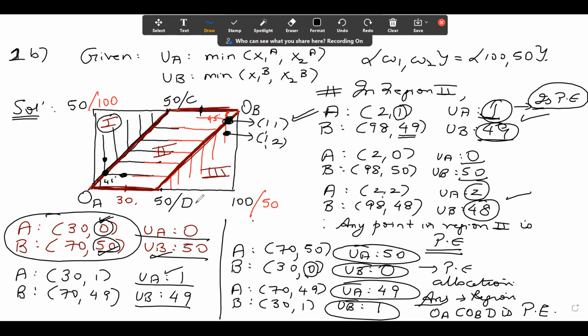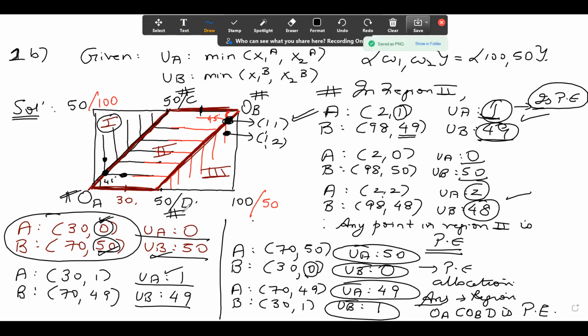This is my contract curve, OA. This parallelogram COBD which is being formed is my Pareto efficient allocation. And every point in the interior of it is also Pareto efficient, including the corners.